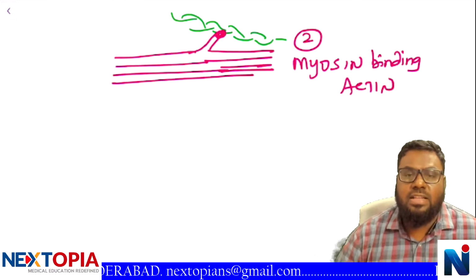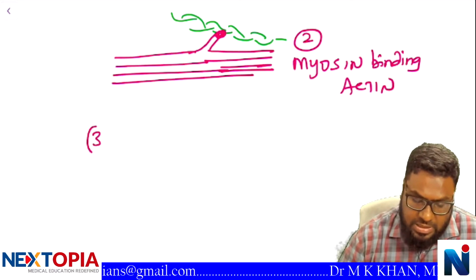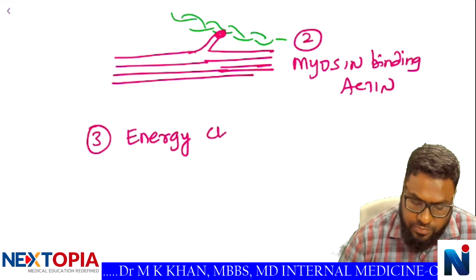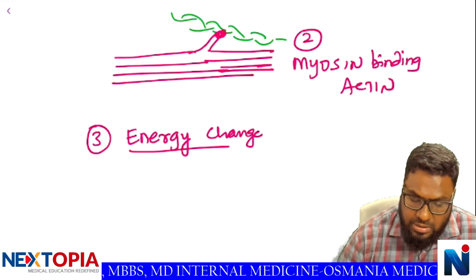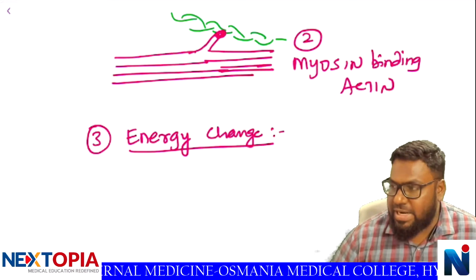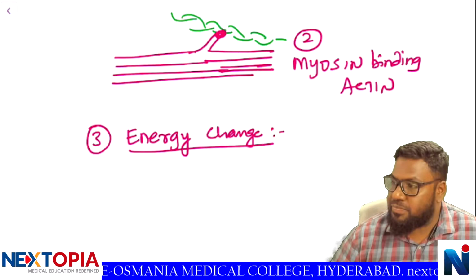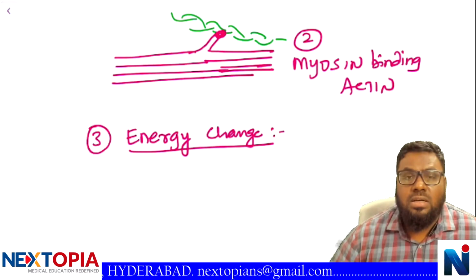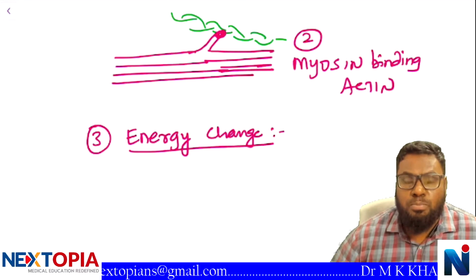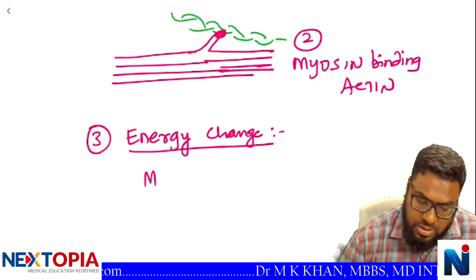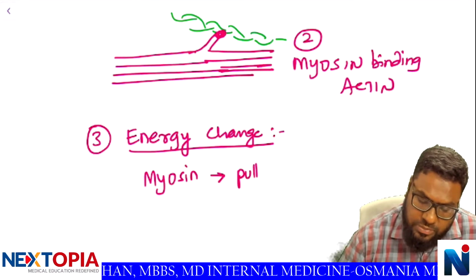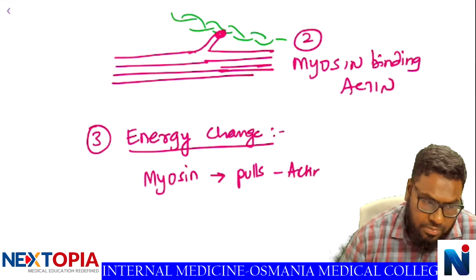Now let us try to understand the third step. In the third step, what happens is there is energy transfer or energy change, wherein this chemical energy that is supplied by the ATP is suddenly released, and the myosin pulls actin.